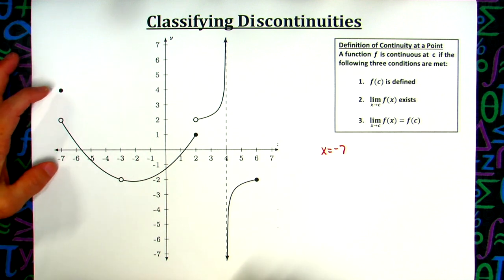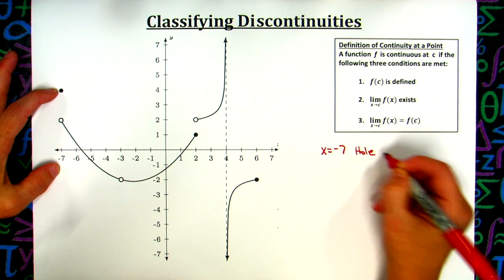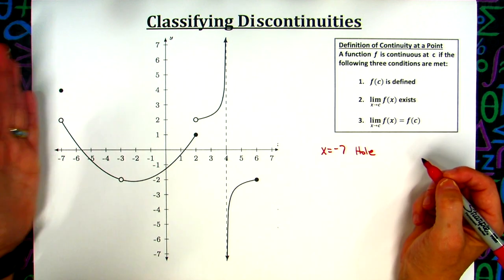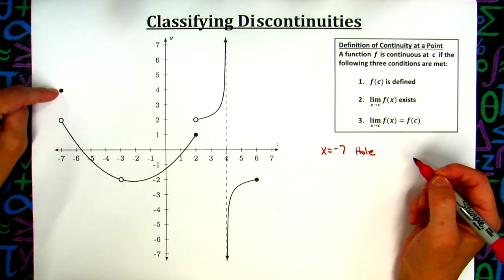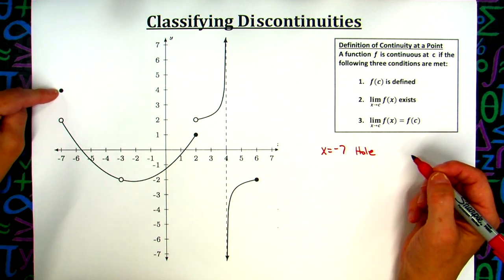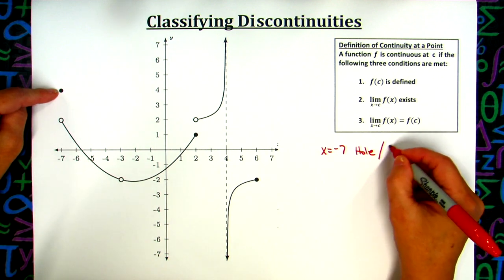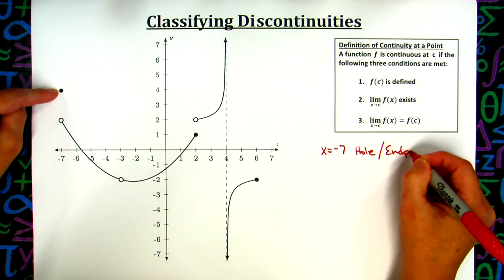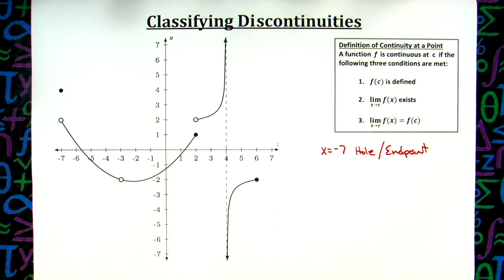We could say it's a hole, but it is the end of the graph, because the function is defined right there at x equals -7. The function value is 4. On some websites, I have heard people say it's an endpoint of the graph. The function is defined, and nothing's defined to the left there.